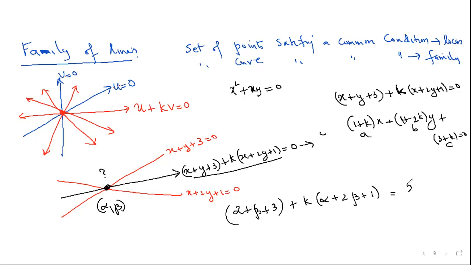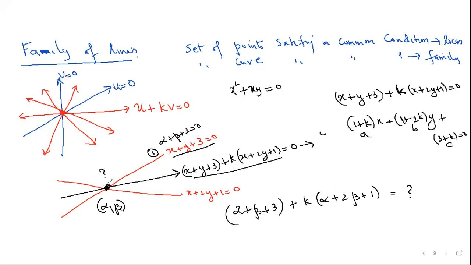Will this be 0? Where is this point alpha comma beta? Is it on line number 1? If it is on line 1, it should satisfy this equation. Therefore, alpha plus beta plus 3 should be 0, so alpha plus beta should be minus 3.